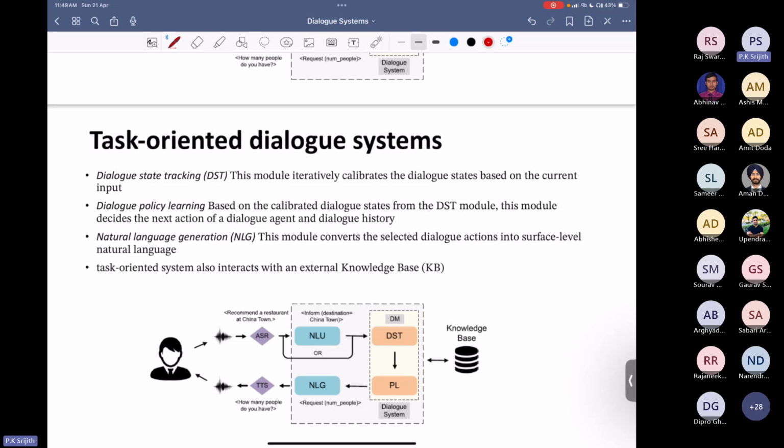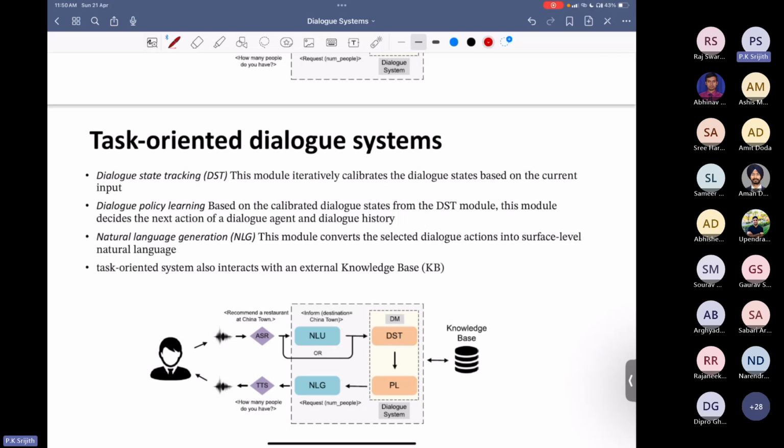Whether you should ask for some more specific information which has not been collected so far. For example, the user has said that he wants to see this movie at this location, but the user never mentioned the date, right? Without the date, one cannot book a movie ticket.